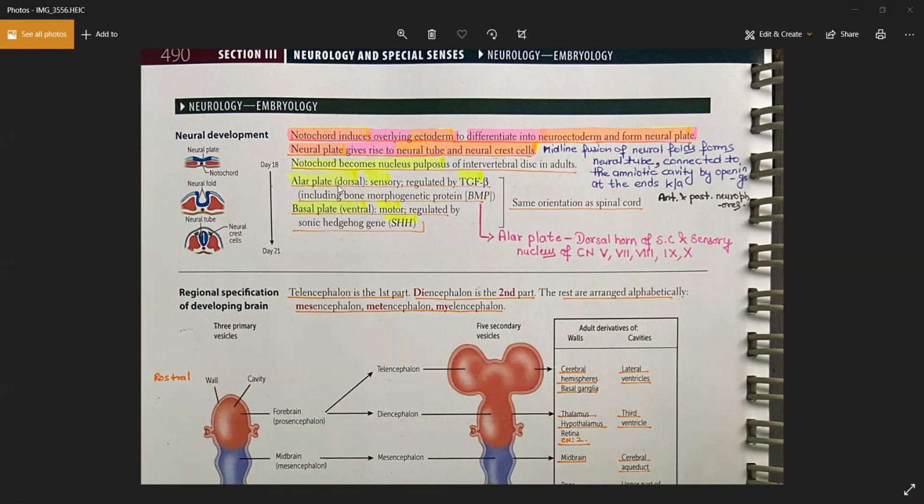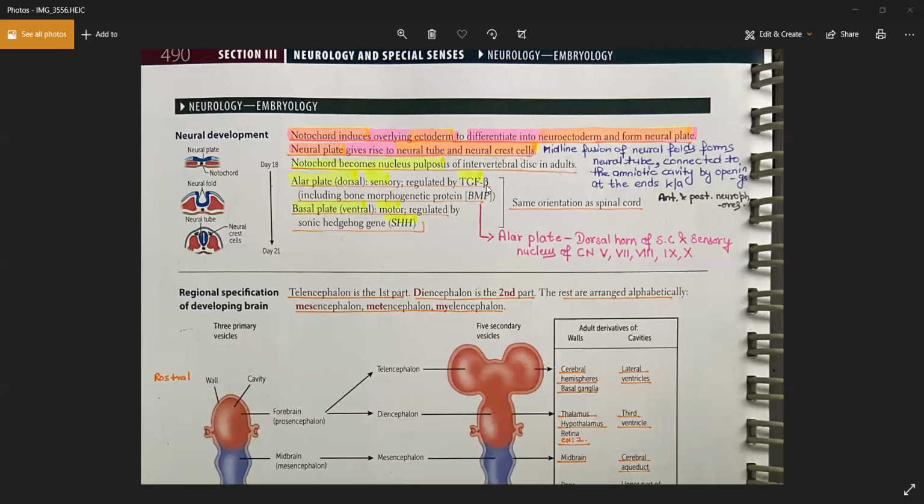If you remember the anterior horn and the posterior horn of the spinal cord, from the anterior horn you have the origination of the motor nerves, right? And from the posterior horn you receive all the sensory information and the proprioception, right? So this anterior horn is formed from the basal plate, and the posterior horn is formed from the alar plate.